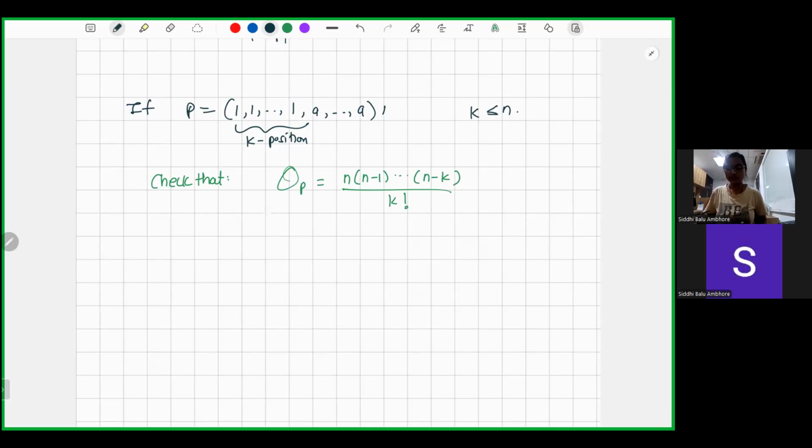Because what this is, we have these k ones and we are shuffling them among these n positions. The rest are all A's and the other ones are just ones. So it is like how many positions I can place this one, and this is the formula which we all know for that.